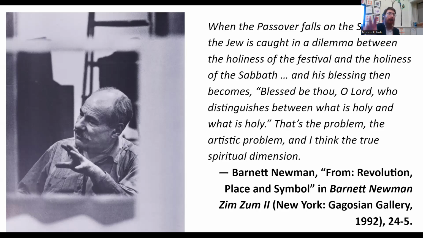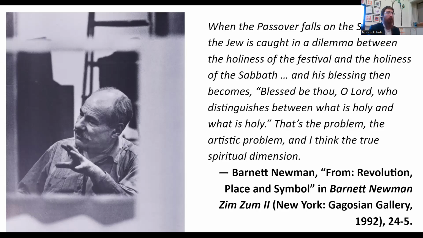And here he's talking about a specific event that happens some years at the Passover Seder. It doesn't happen every year. If Passover falls out on Sabbath, we incorporate a special blessing into the Kiddush, which is also the Havdalah, right? So at the beginning of Yom Tov or Shabbos, we make Kiddush, and at the end we make Havdalah to separate between the holy and the mundane, the Shabbat and the weekday.